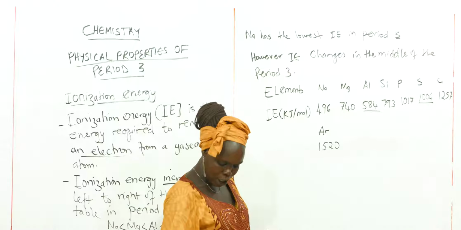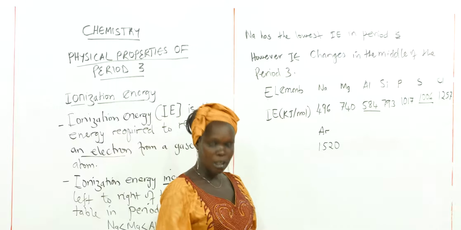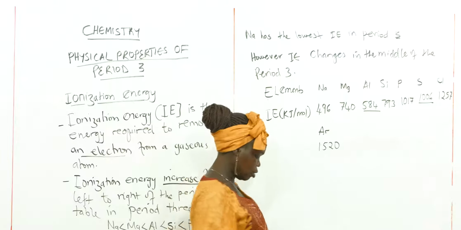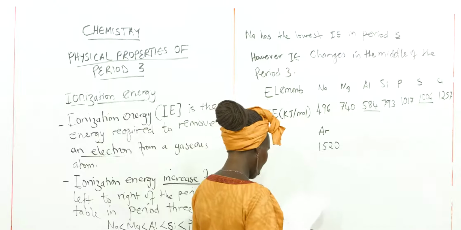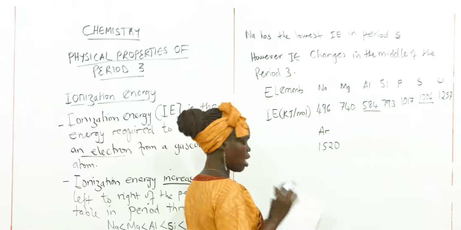So the few irregularities in the general trend are related to the extra stability shown by sub-energy levels that are either empty or half filled.